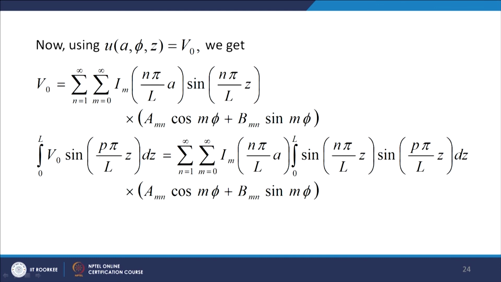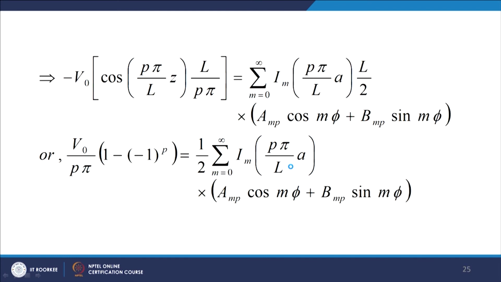Now, multiply both sides by sin p pi over l z, and then integrate over 0 to l. So, we will have the left side like this, and the right side will be integral 0 to l sin n pi over l into z sin p pi over l into z dz, and this integral is l by 2 when n is equal to p, and when n is not equal to p, this integral is 0.